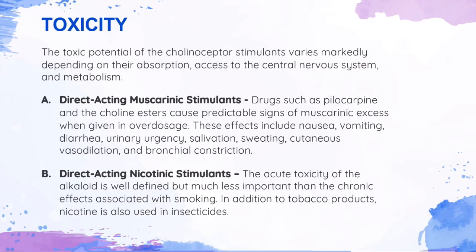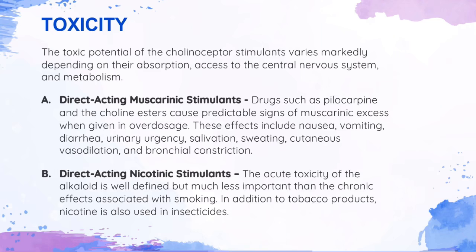So, for the toxicity, since every drug, as discussed before, has a toxicity: in the direct-acting muscarinic stimulants, drugs such as pilocarpine and carbachol cause predictable signs of muscarinic excess when given in overdosage.